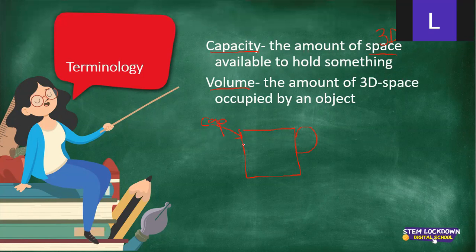So if you have water inside this cup, the amount of water inside the cup will be your volume. Whereas the total space available to hold water will be your capacity. So don't confuse those two, capacity and volume. Okay, now let's carry on.